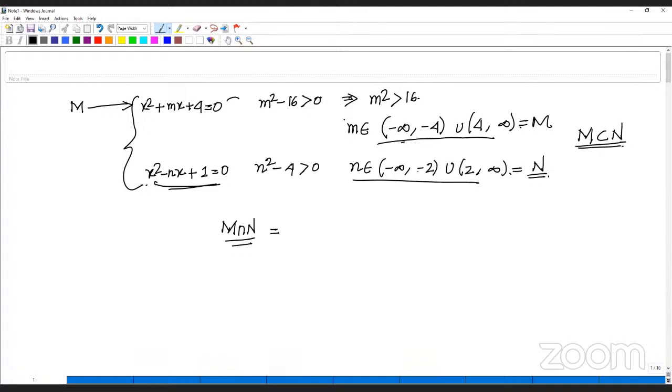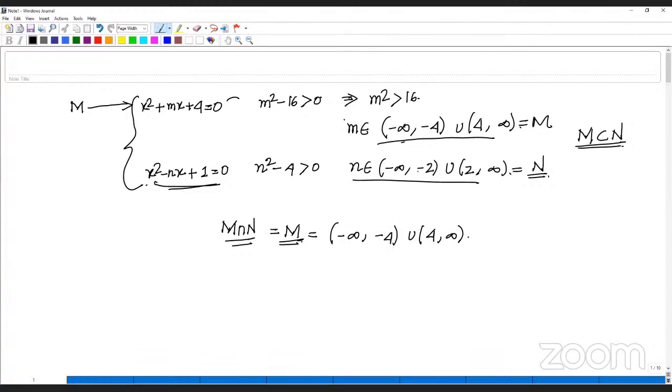It is the numbers which are common in both. That is M, right? This is totally M. That's what I'm saying, that the common part is minus infinity to minus 4 and 4 to infinity. Yeah, that's the thing I'm saying.